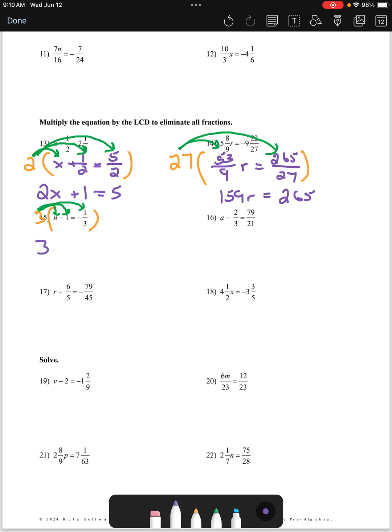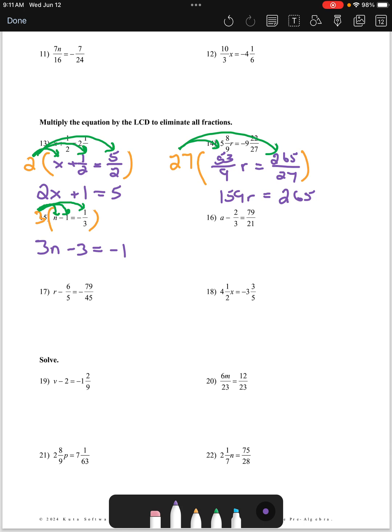So 3 times n is 3n. 3 times -1 is -3. And when I multiply 1/3 by 3, since I'm multiplying a fraction by its denominator, I'm left with the numerator, which is -1.